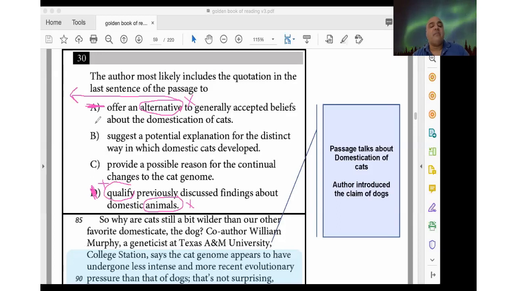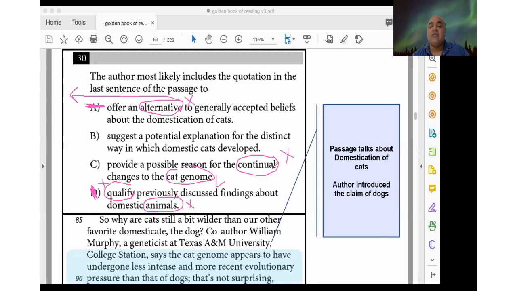Choice C, provide a possible reason for the continual changes of the cat genome. Yes, it is stressing the genome of the cat, which is correct, but the word continual is not supported. He did not mention that the genome of the cat is continuing to evolve or continuing to develop.